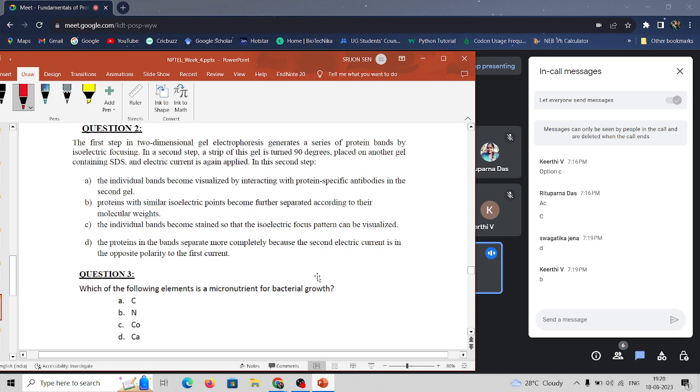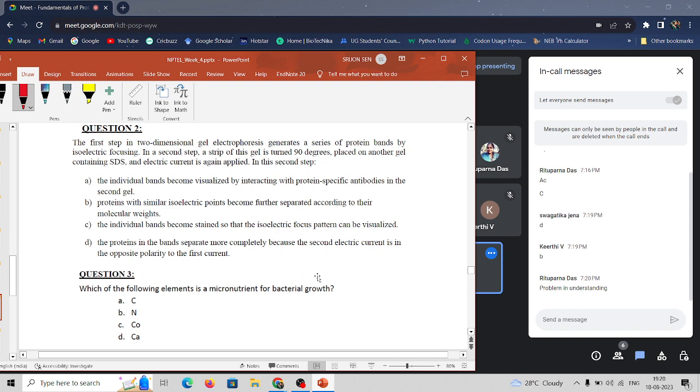Okay, so if you see what it actually tells, in the first step you are separating on the basis of the pI of your protein. That is clear because you are isoelectrically focusing it.